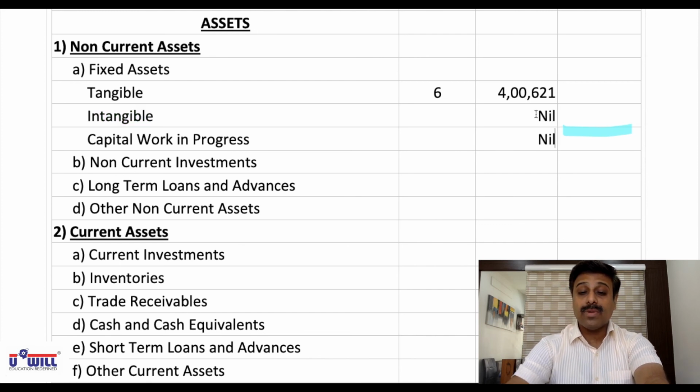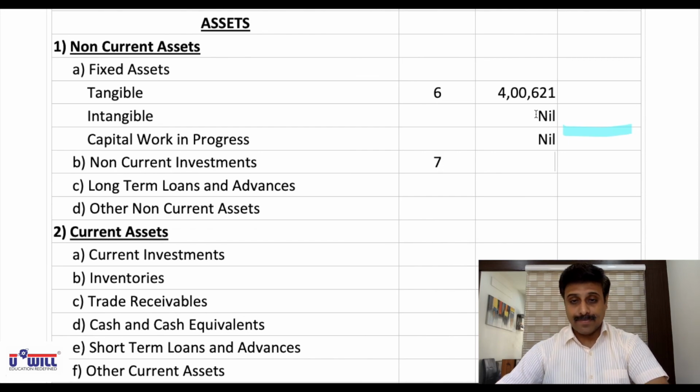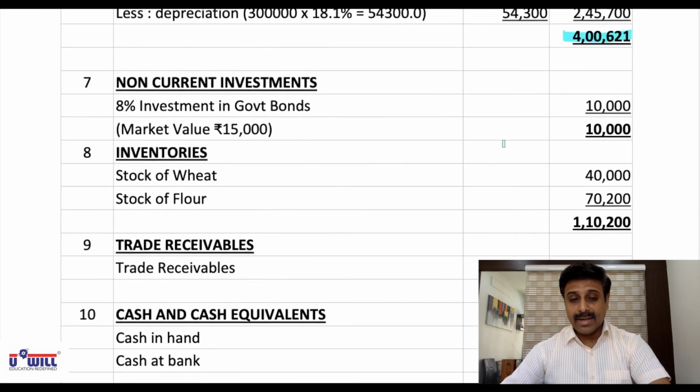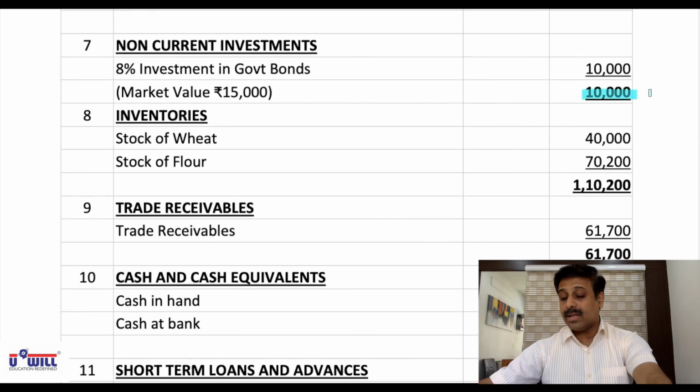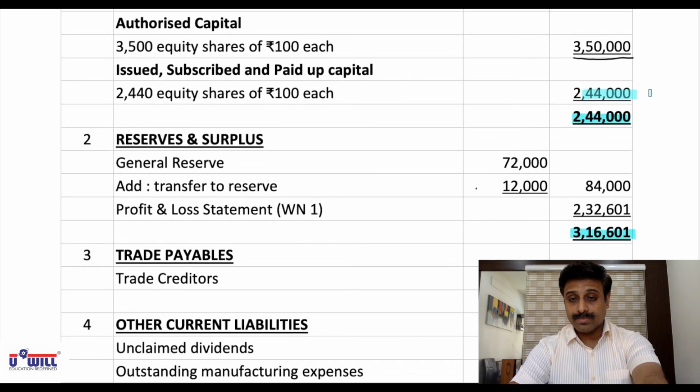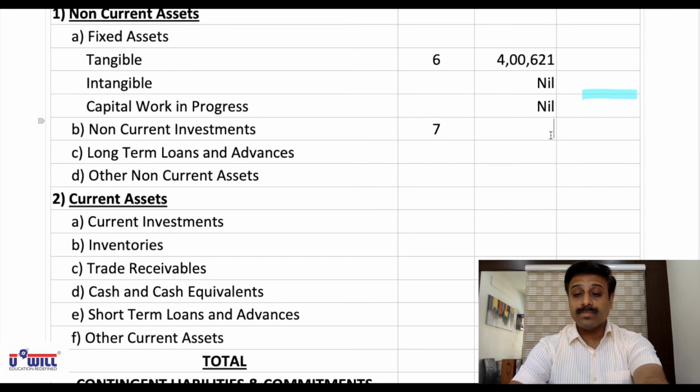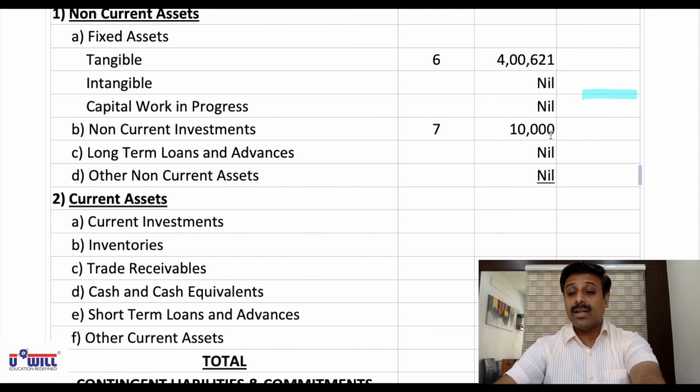Capital work in progress we don't have. Non-current investments from note number 7, 10,000. Then long-term loans and advances we don't have. Other non-current assets we don't have. So total 4,10,621.